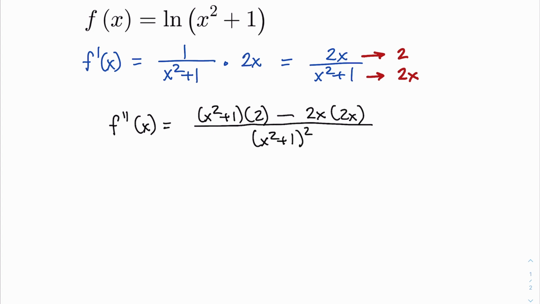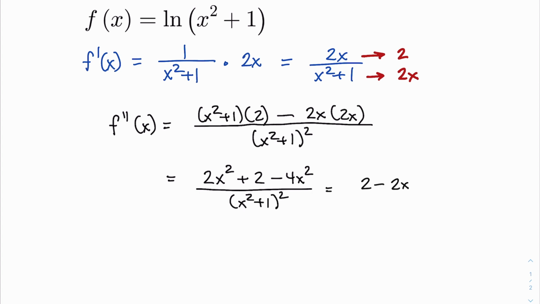So naturally what we will do is simplify the numerator. Distributing the 2, we have 2x squared plus 2 minus 4x squared all over x squared plus 1 squared, which is 2 minus 2x squared over x squared plus 1 squared. And that looks simplified enough for now.